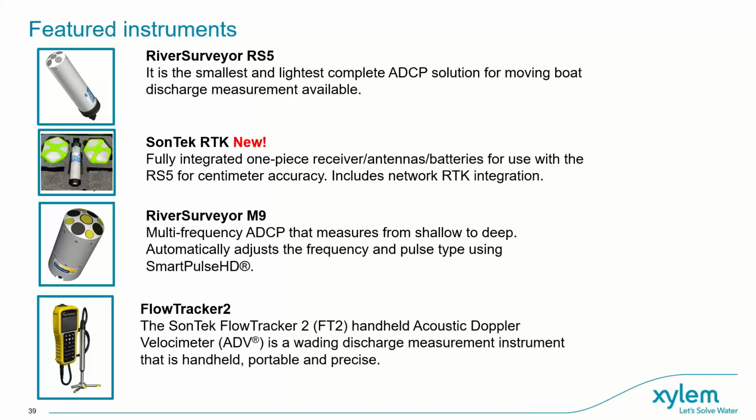And then the FlowTracker2 is a wading ADV for measuring discharge using the midsection or mean section methods. So those are some of the instruments that were highlighted, a few of the SonTek instruments.